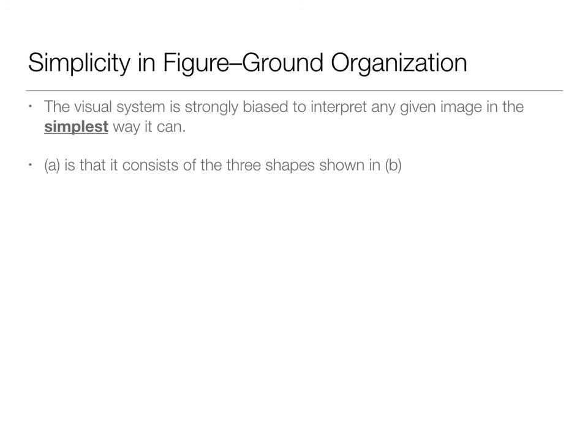We're not as likely to say that it's something way more complex. There are an infinite number of possibilities for what that could be. It could be four red rectangles and then the two lines, or four red rectangles and then one light blue line and two dark blue lines. It could be any of these different combinations. But again, our visual system is going to be biased towards that simple solution.